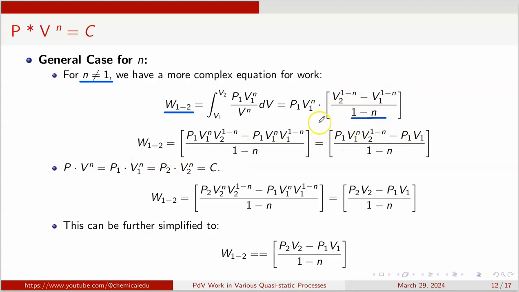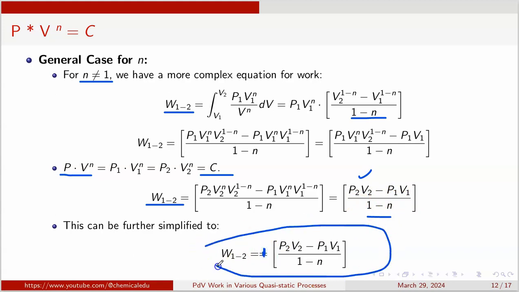If I simplify, P V to the power n is equal to P1 V1 to the power n or P2 V2 to the power n, constant, so ultimately we'll get work done from state 1 to state 2 as P2 V2 minus P1 V1 by 1 minus n. This is the equation. If I put different n values, and I know P2 V2 and P1 V1, we can easily calculate the work done.